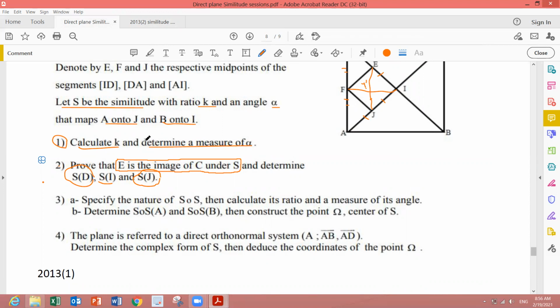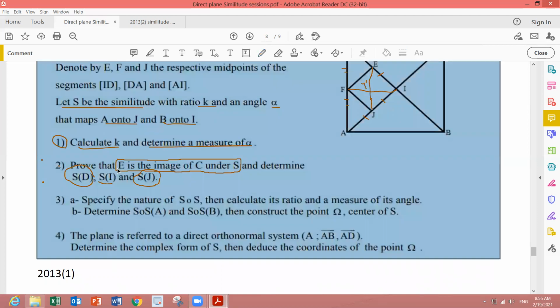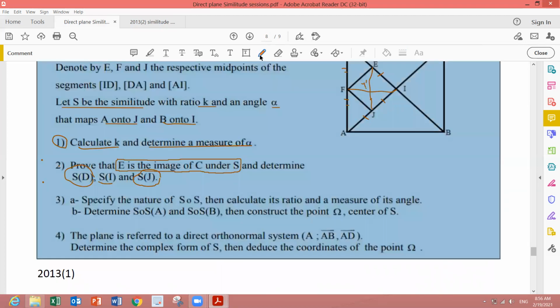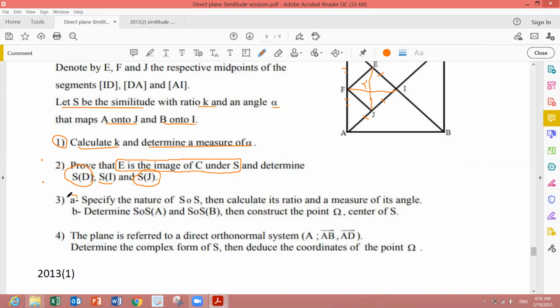Part 3, Part A. Specify the nature of S round S, and calculate its ratio and the measure of its angle.